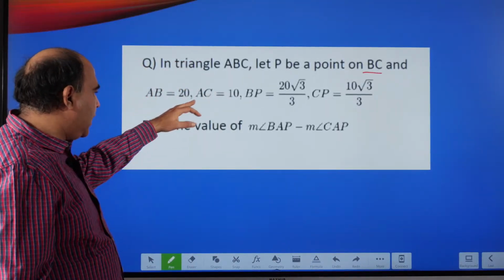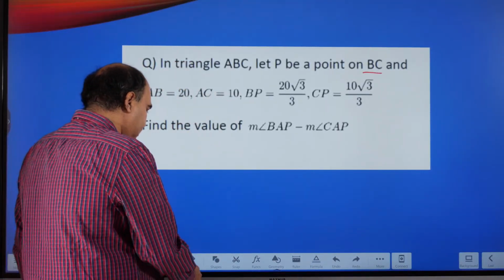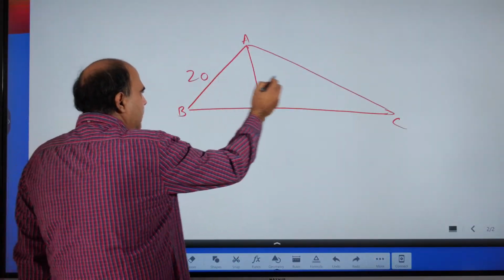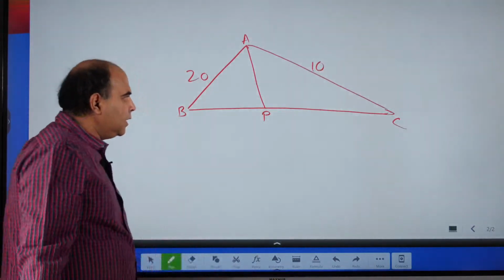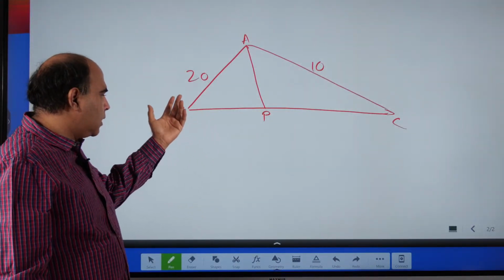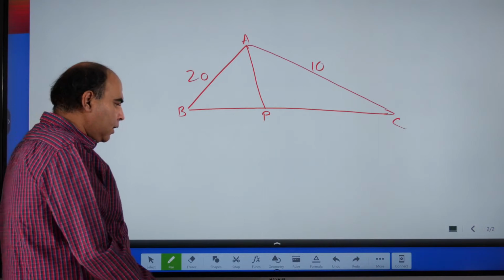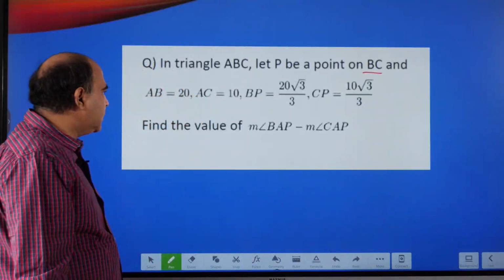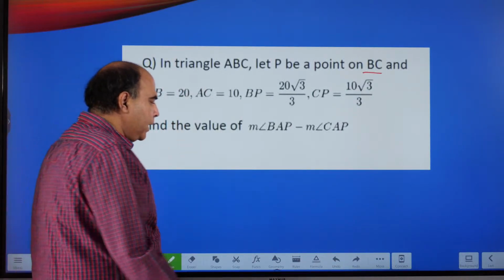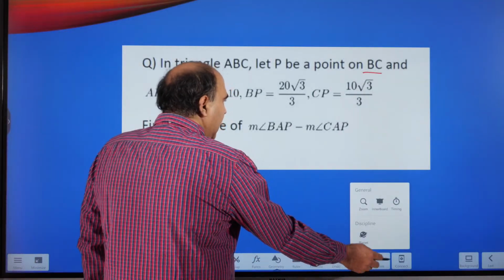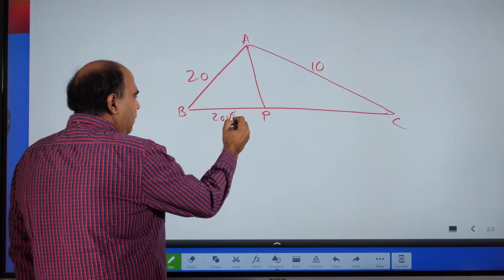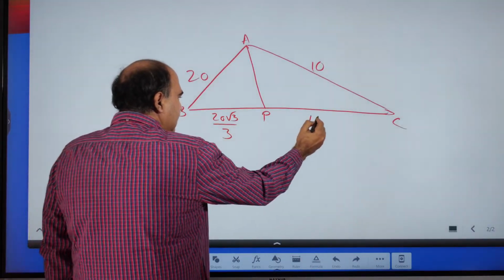AB is equal to 20 and AC is equal to 10. The lengths look different in the figure, but since we have already gone with that, we'll continue with what the question tells us. Further it says that BP is equal to 20 root 3 by 3 and CP is equal to 10 root 3 by 3.